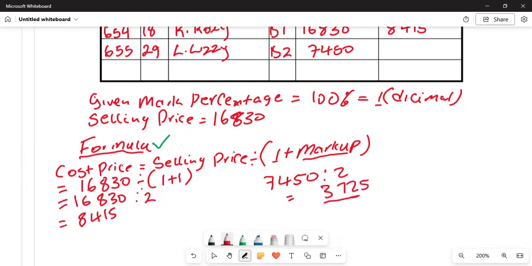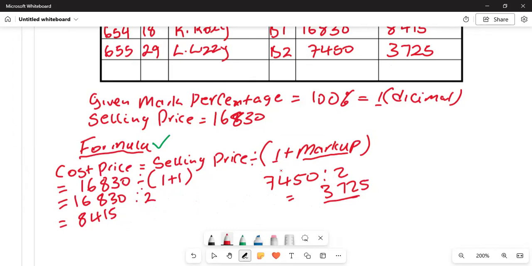Because you are still going to use the very same formula: cost price is equal to selling price divided by 1 plus markup, which is 2. So 7,450 divided by 2 gives us this amount, 3,725. Hope we are together on that one.